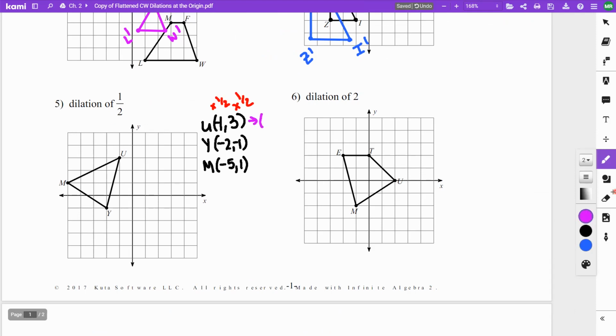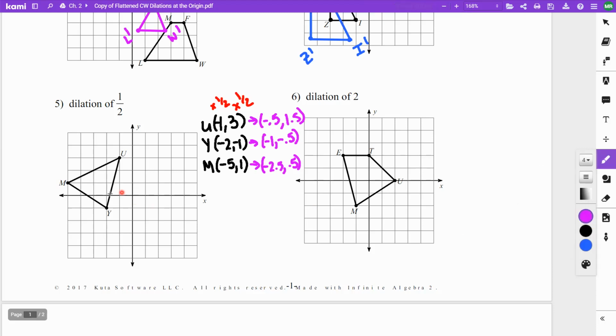And so I'm going to have negative a half, 1.5, negative 1, negative 0.5, negative 2.5, 0.5. And then I am going to plot these.